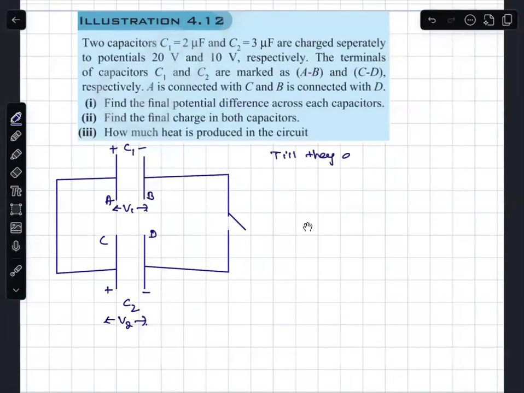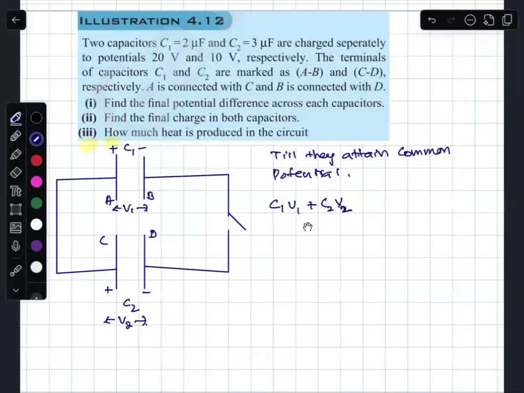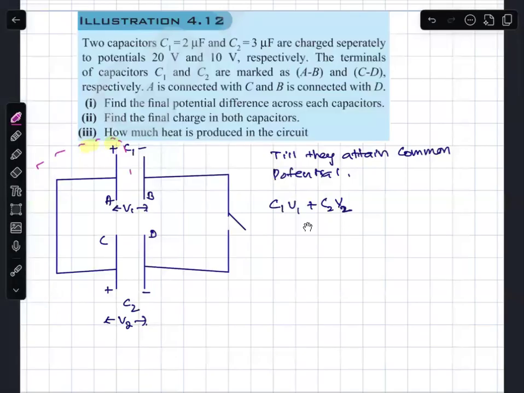they attain common potential. Not necessarily they should have the same charge. Remember. So what is the expression for common potential? This is the total charge initially on one portion, and on the other portion like this, C1 V1 plus C2 V2.